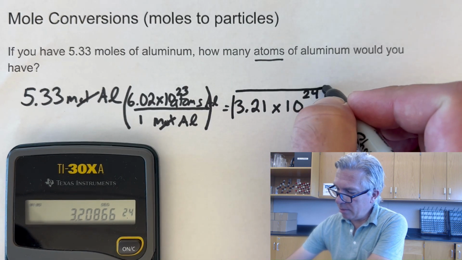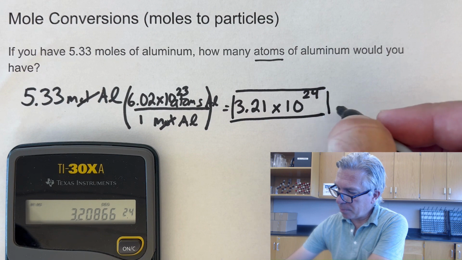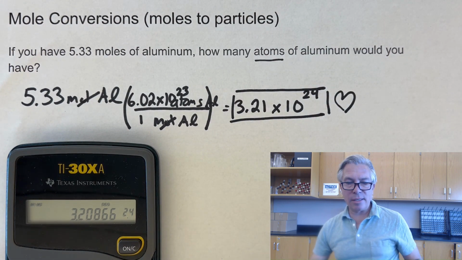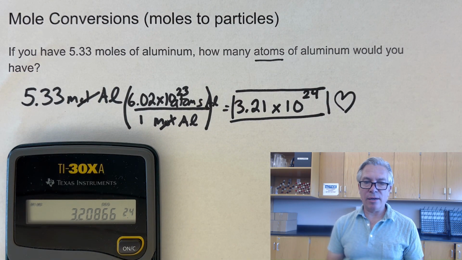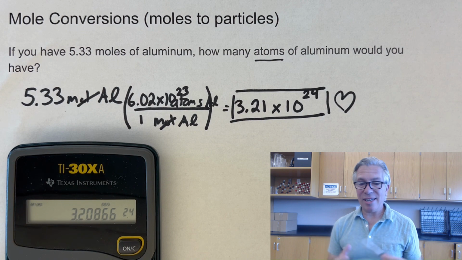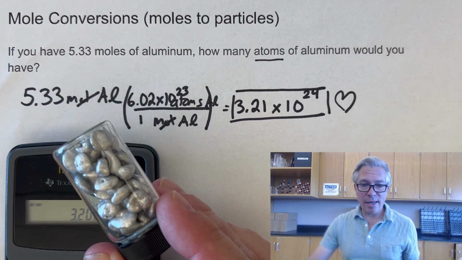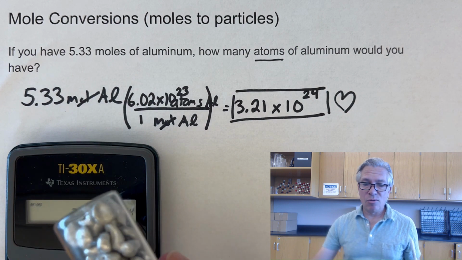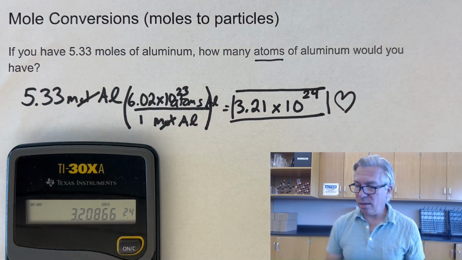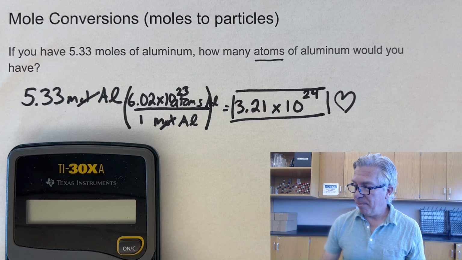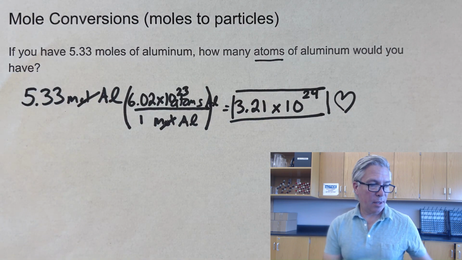So you're going to get a ridiculously huge number whenever you start counting atoms, for the most part, because atoms are so tiny. Even a small sample like I can hold in my hand has just billions upon billions, trillions of atoms in it. And so we get this very large number at the end.